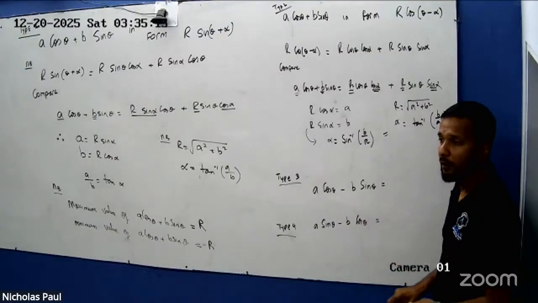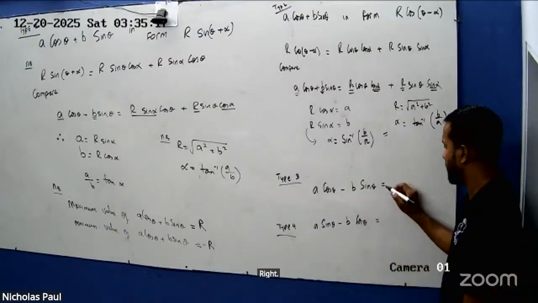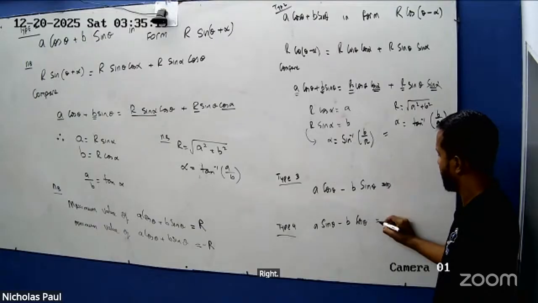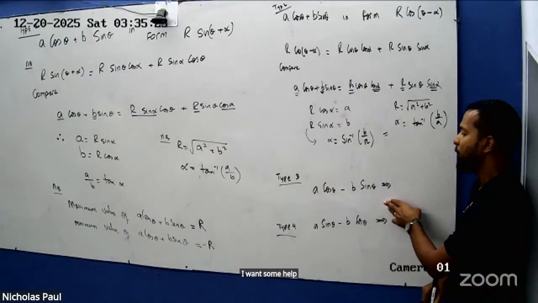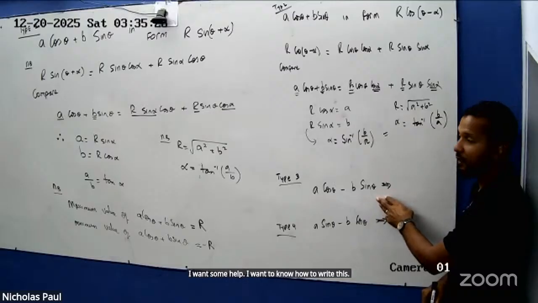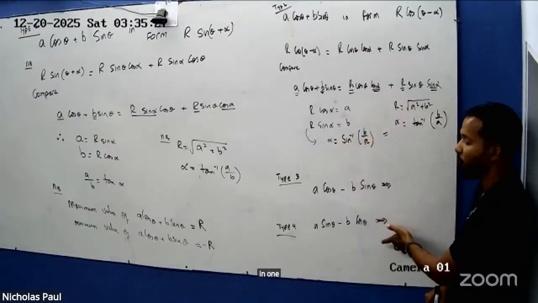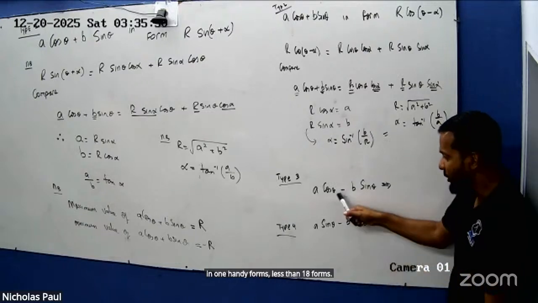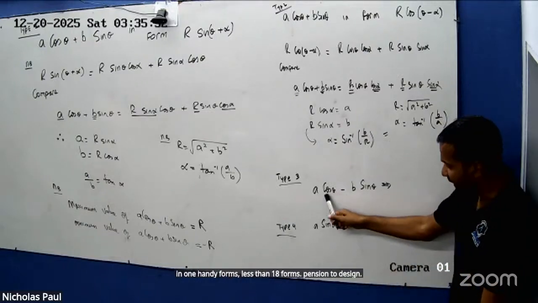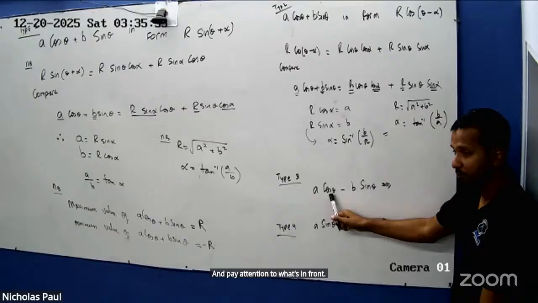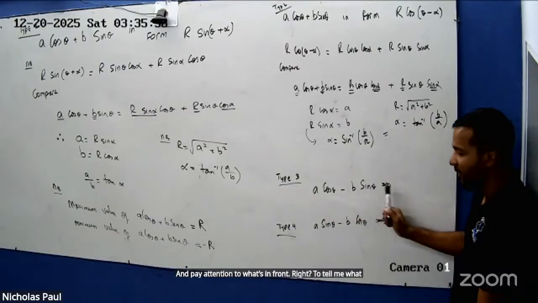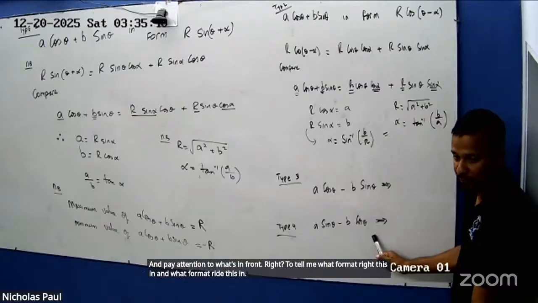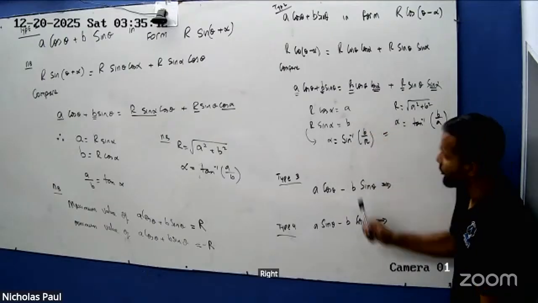I want some help. I want to know how to write this in one of the forms, and this in one of the forms. Pay attention to the sign and pay attention to what's in front. So tell me what form I could write this in and what form I could write this in. I showed you two, you do two.